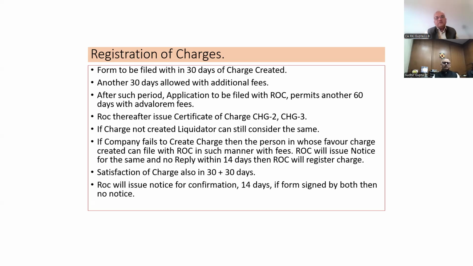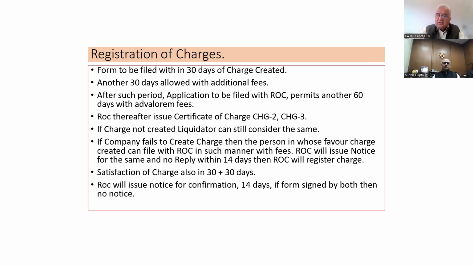Now, what happens if the company fails to create the charge? Then the person in whose favor the charge is created can also file with the ROC in the manner prescribed along with the fees. ROC will issue notice for the same. If no reply is received from the company which created the charge, then ROC will register the charge.